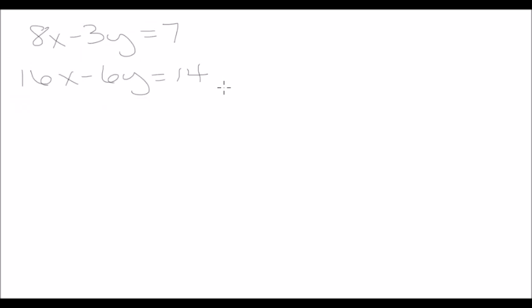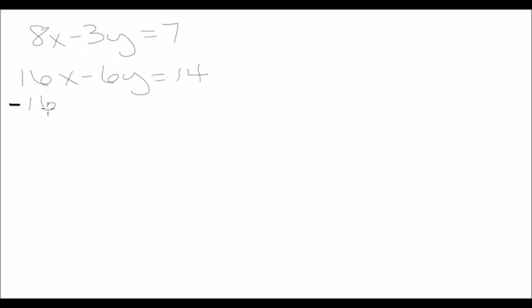Now you might have seen that immediately, which is great, but I want to show you what would happen if you tried to use one or the other approaches to solving this system, if you didn't realize that these two equations were not unique. So to start off with the addition method, what you would do is you'd say, well, I have 16x here, I want to cancel it, so I need to multiply this top equation by -2.